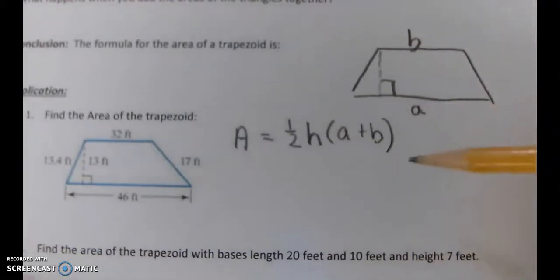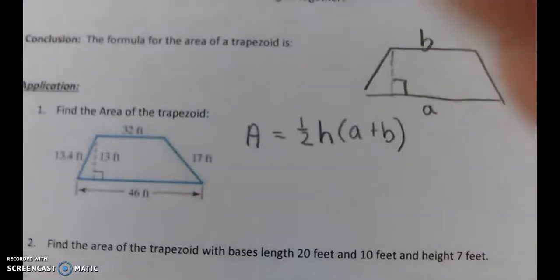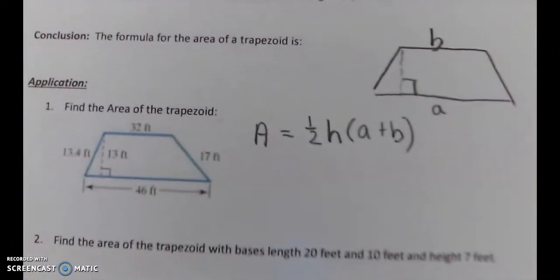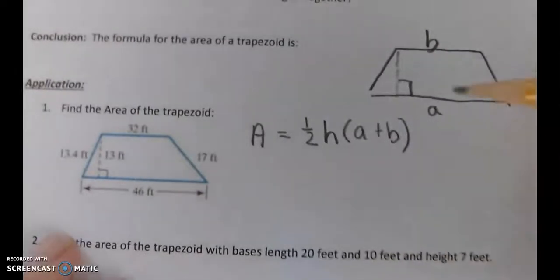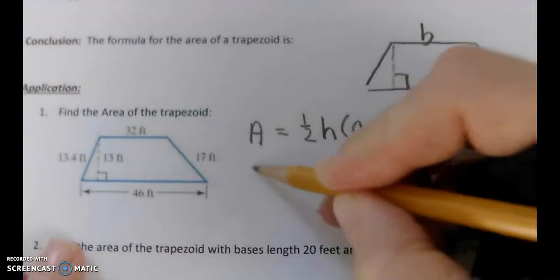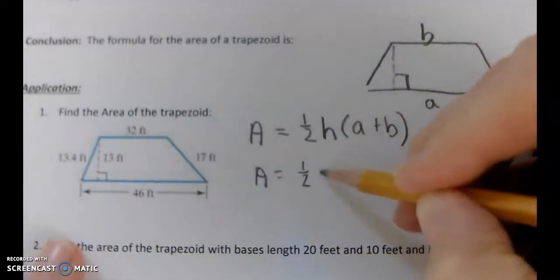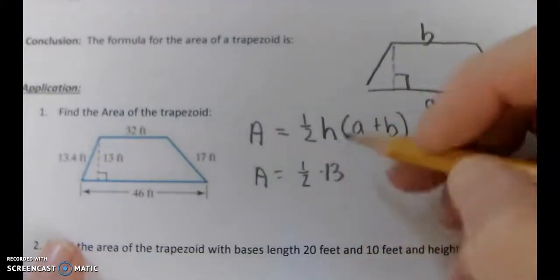Okay, so I've got my formula, and I am a bit blurry here because it's just so small. I've been trying to focus. Oh boy. Okay, well, we can still see. So area equals 1/2. My height is 13, and these are feet.